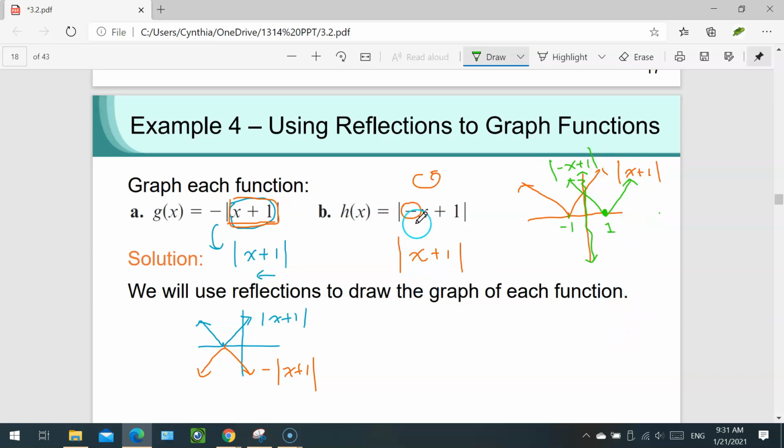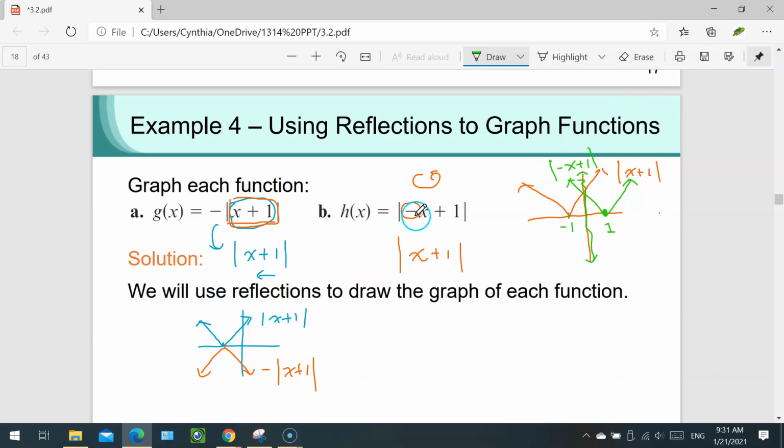So you need to consider the mirror image, depending on which direction the function reflects. When the negative sign is outside, you deal with upside down. So you just sketch the graph without the negative sign first, and then you rotate it upside down.